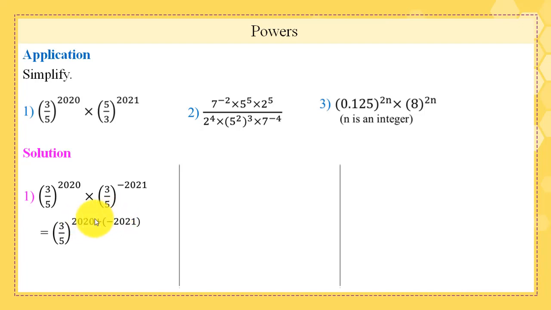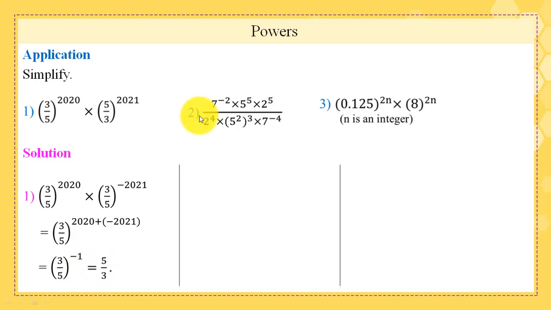Now, these two numbers are the same, 3/5, but they have different powers, and the operation between them is times. So we add the powers. (3/5)^(2020 + (-2021)) equals (3/5)^(2020 - 2021) equals (3/5)^-1, which is equal to 5/3.